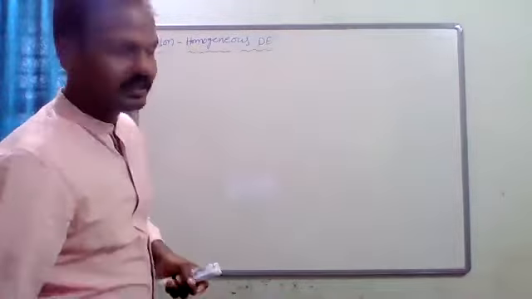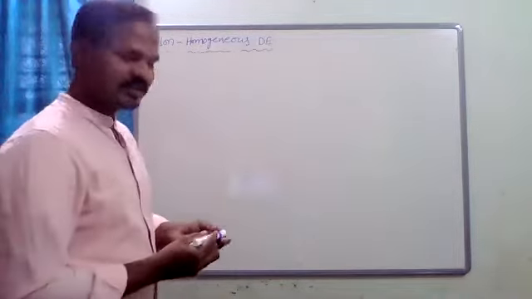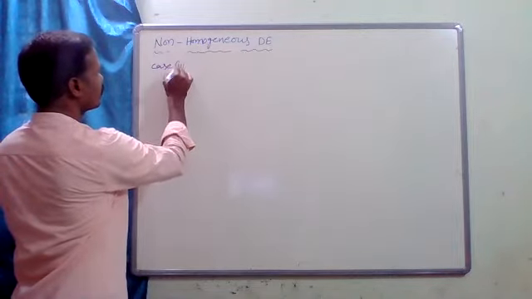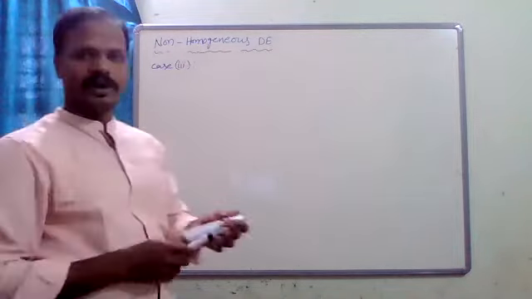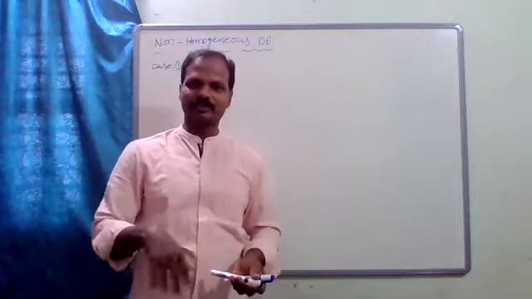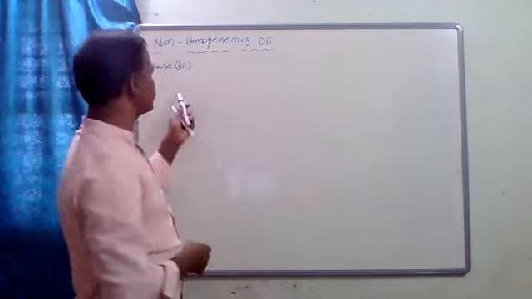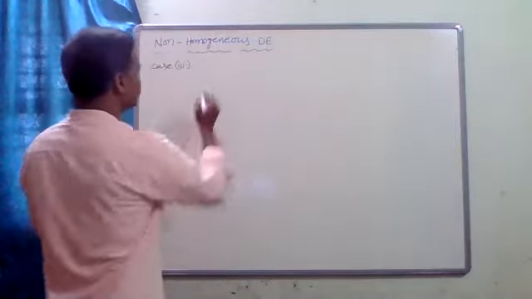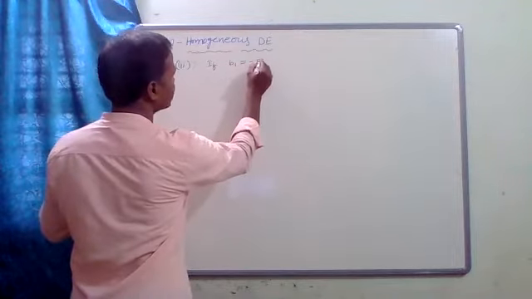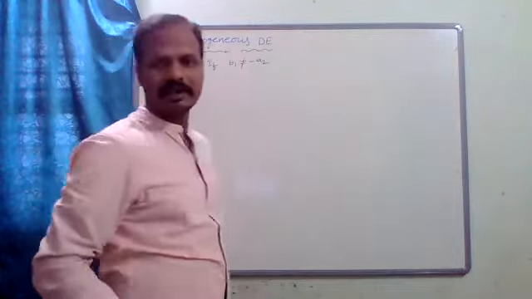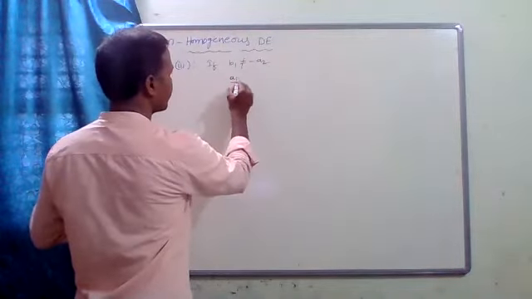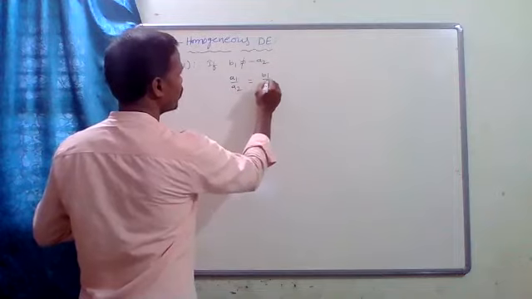Okay. So case 3, non-homogeneous differential equation. We have to use case 3 if case 1 and case 2 fail. What is case 1? B1 equal to minus A2. If B1 is not equal to minus A2, the first case fails. What is the second one? A1 by A2 equal to B1 by B2.